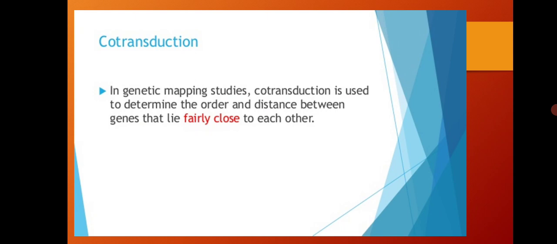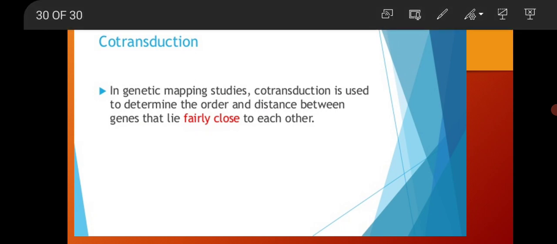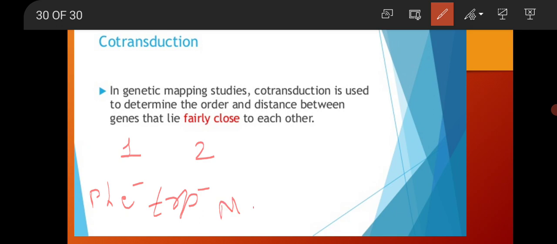Means two strains are there. Strain 1 is unable to produce phenylalanine and tryptophan and is able to produce methionine and histidine.